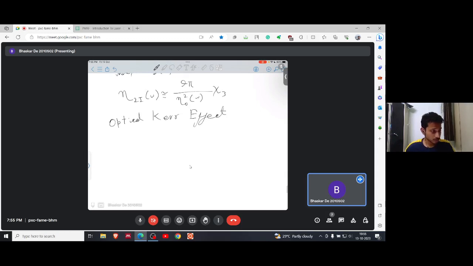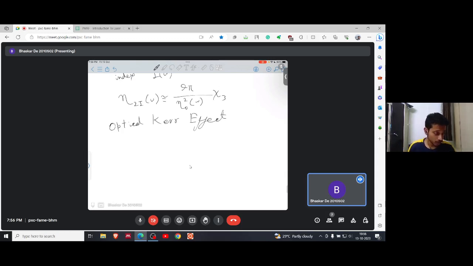It is present in almost all optical materials. Now, sometimes I am calling this n, so it doesn't matter, because the refractive index in some books is written as n and in some books as eta. So eta 2 omega is typically of the order of 10 to the power minus 20 meters square per watt.